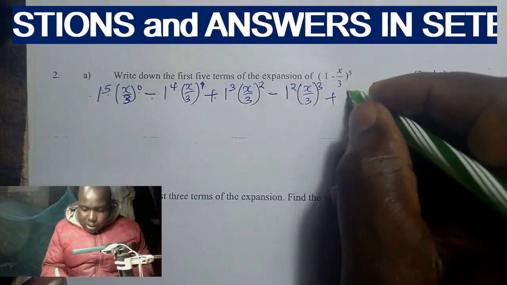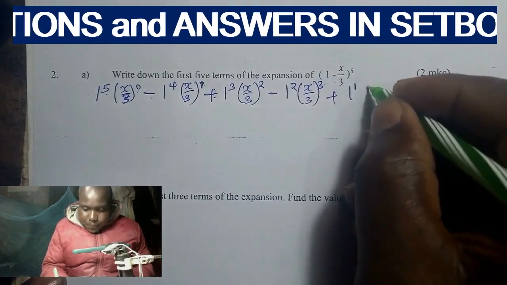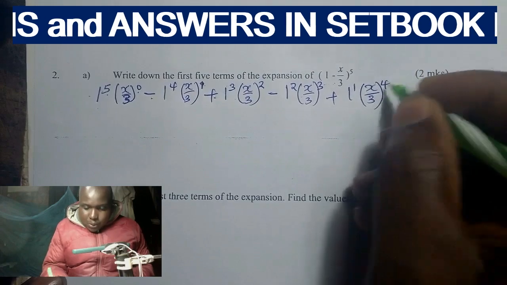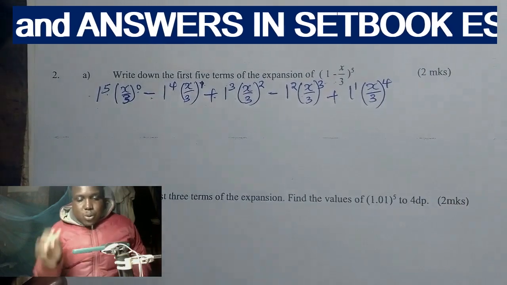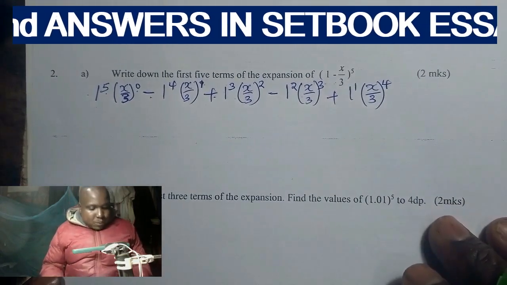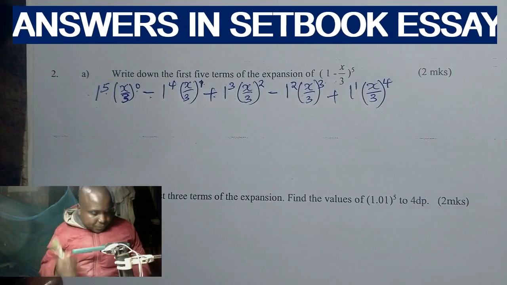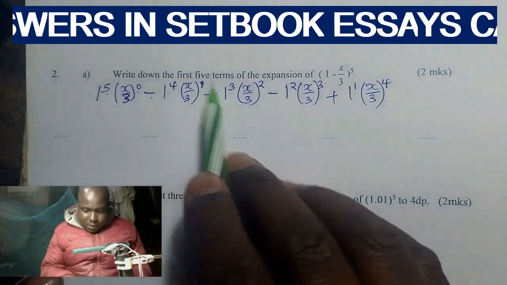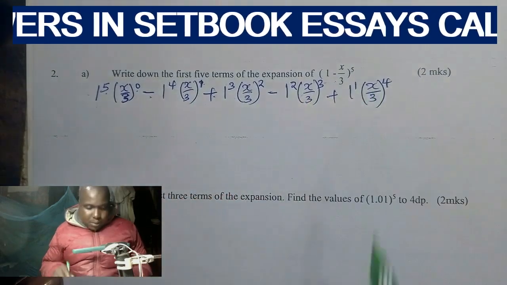This is the last one, x over 3 raised to power 4. These are the first 5. We need to follow instructions as we were asked to. Write down the first 5 terms: 1, 2, 3, 4, 5.